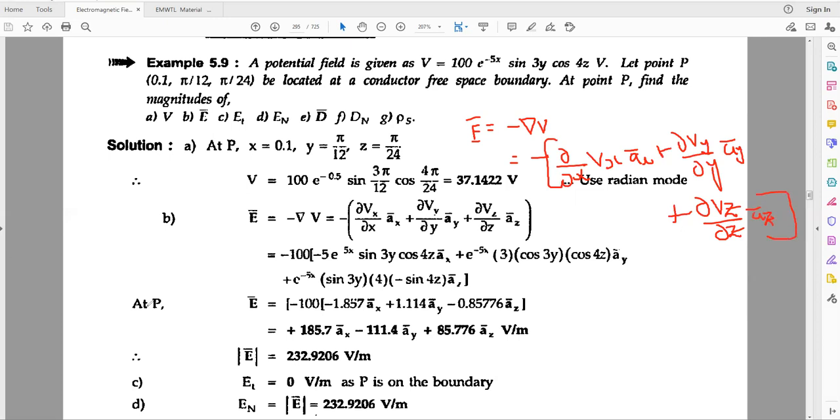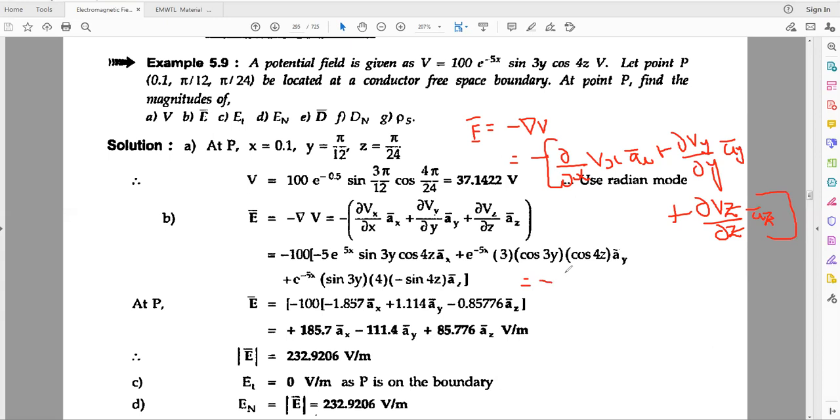Take the total function and apply the derivative with respect to x. So sine 3y cos 4z is a constant, and we apply the derivative only to e power minus 5x.